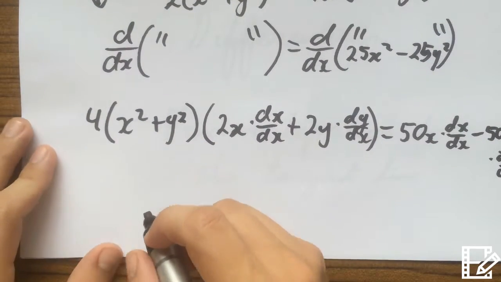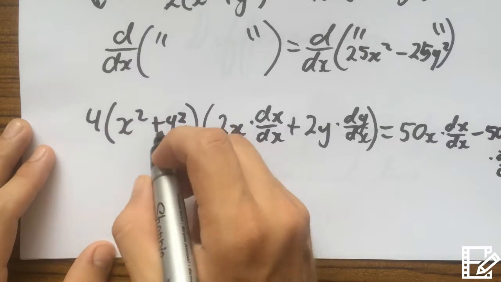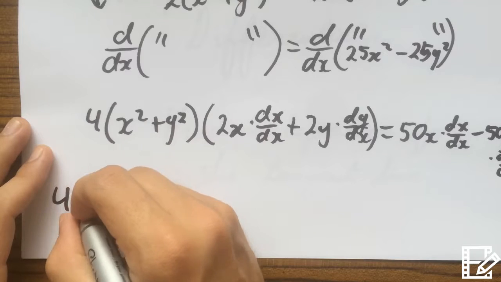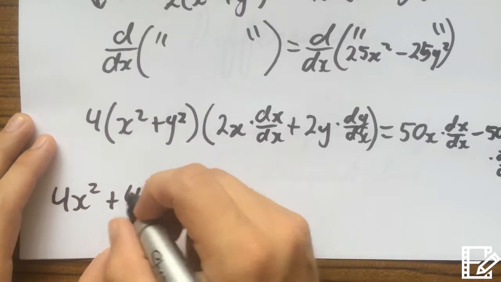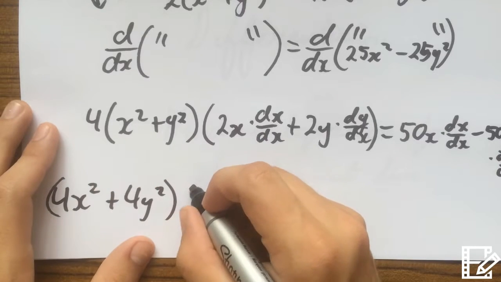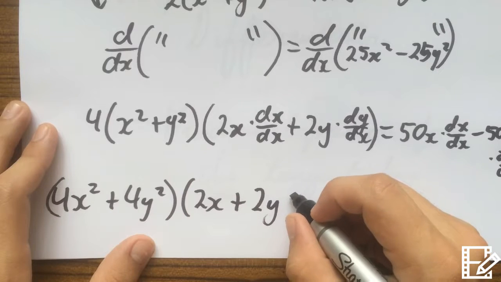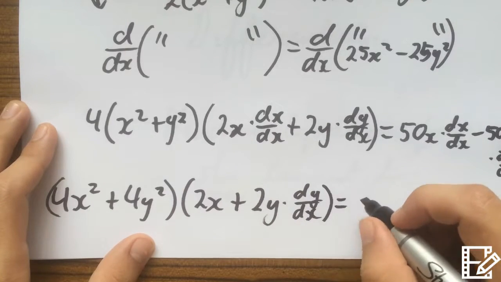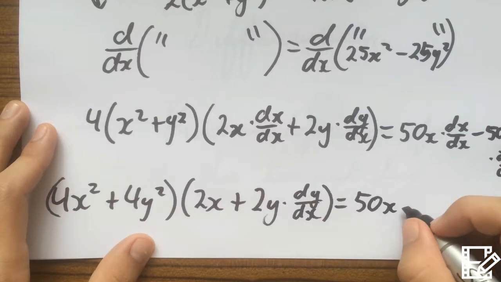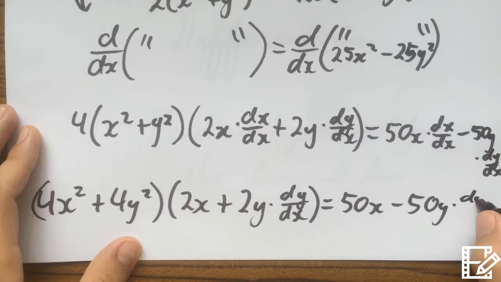Okay, so we're going to expand these out, and we're going to get 4x squared plus 4y squared, times (2x plus 2y dy/dx) equals 50x minus 50y multiplied by dy/dx.